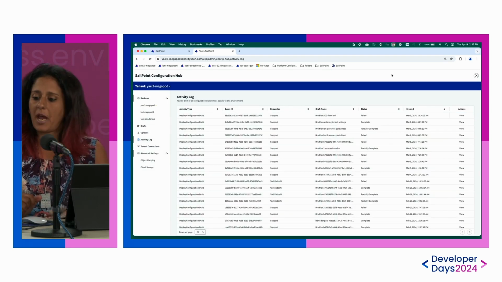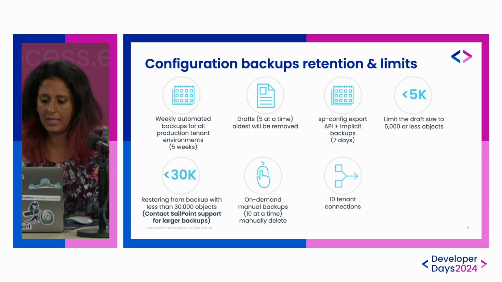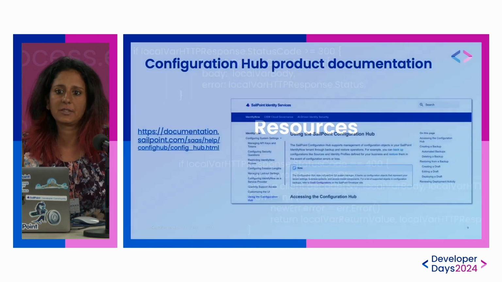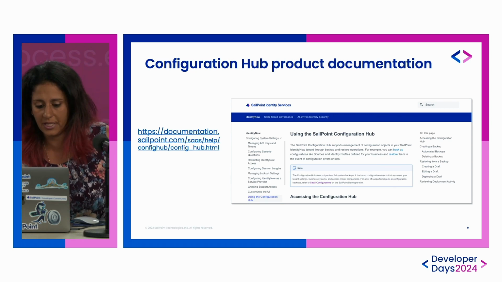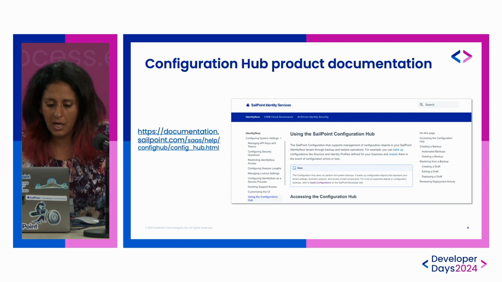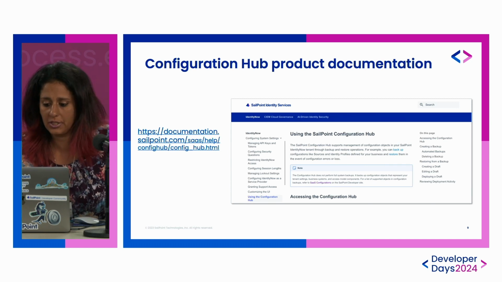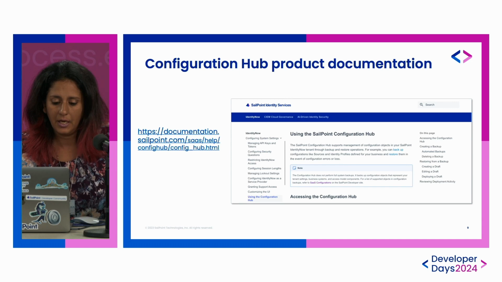I'm going to switch back to the presentation and just quickly talk about the resources. You can access Configuration Hub documentation at sailpoint.com under the SaaS solution. You should see there all the new features that are available.